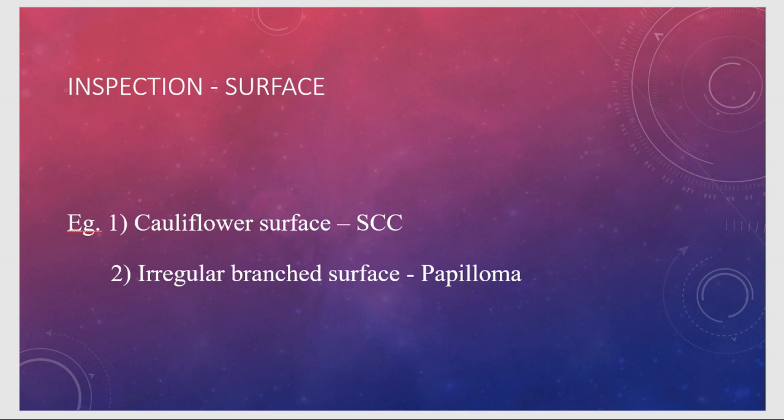Squamous cell carcinoma, cauliflower surface, everted edges. On inspection, it is looking like a cauliflower. If there is an irregular branching surface, it could be suggestive of papilloma. Again, a benign tumor, papilloma.